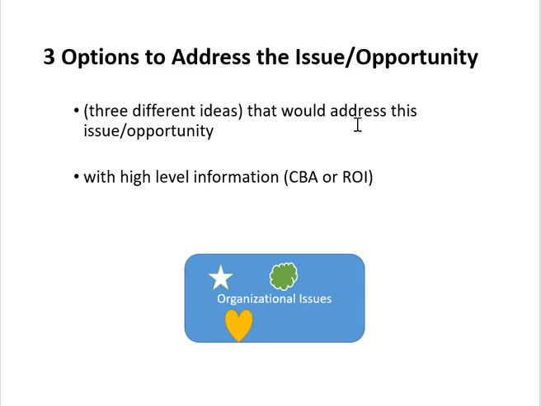Aha! And we don't have just one option. We have usually 3 or more. And these are different ideas, different ways that you would address the issue or opportunity. And also, how did the organization decide between these different options? So for example, in the youth conference example, did they also consider doing a focused youth program?